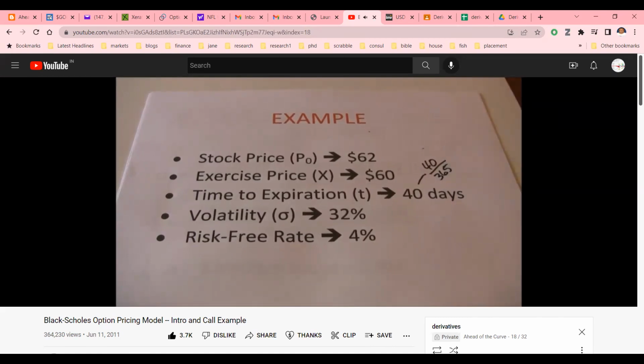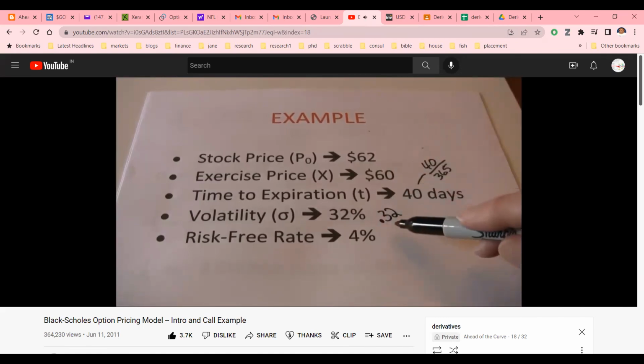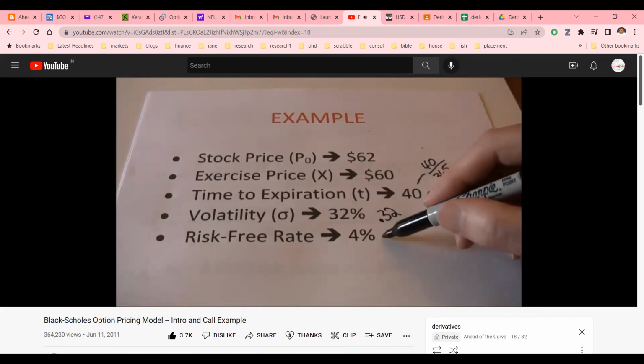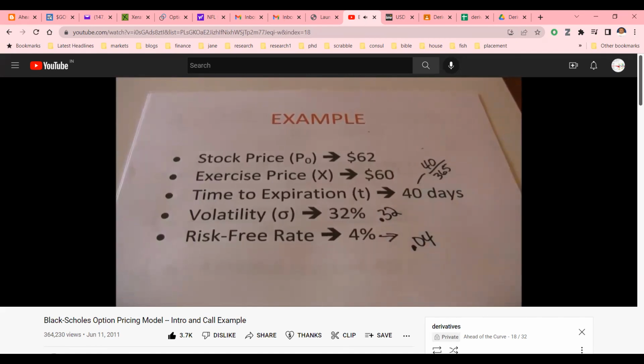Volatility is 32%, and again, when we plug that into our formulas, it's going to be 0.32. The risk-free rate is 4%, and that's going to be 0.04. So our percentages have to be plugged into the formula as decimals, and time should be as a fraction of a year. Now that we have that set up, let's go through the calculations.